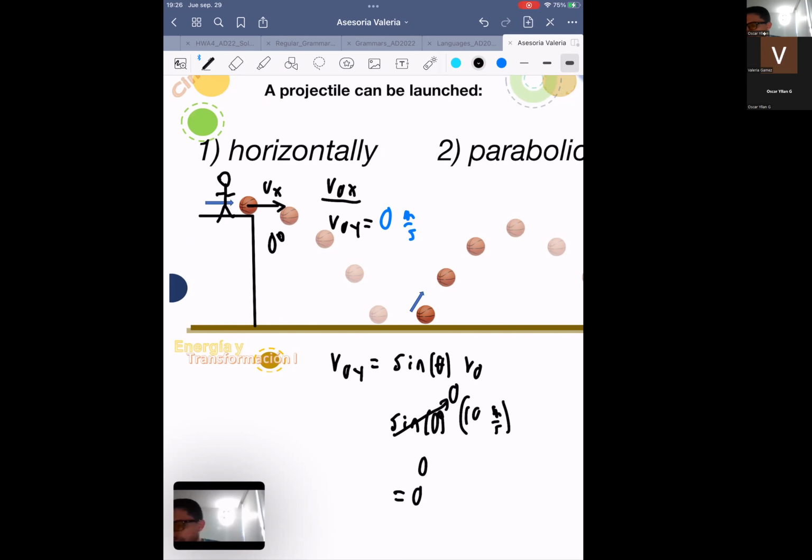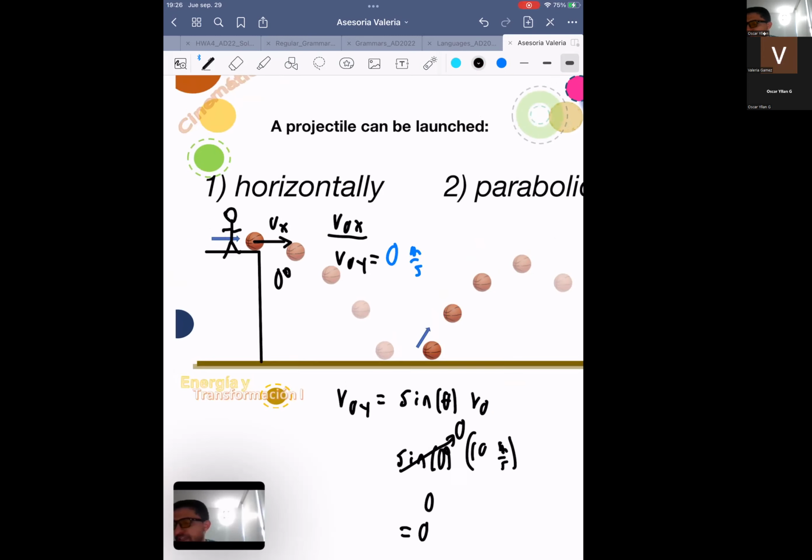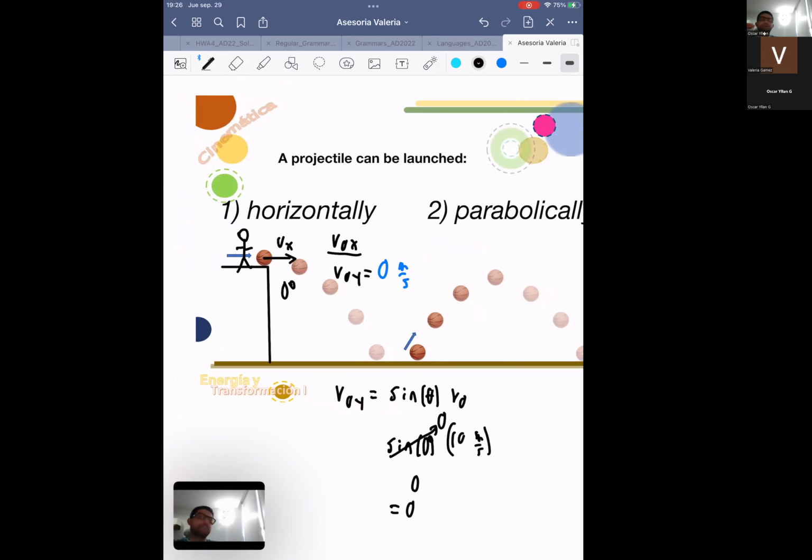That's why in a horizontal launch, when you kick a ball horizontally from a height, V0y is 0. But the velocity will change because we always have gravity, so there will be a final velocity in y, VFy, thanks to gravity.